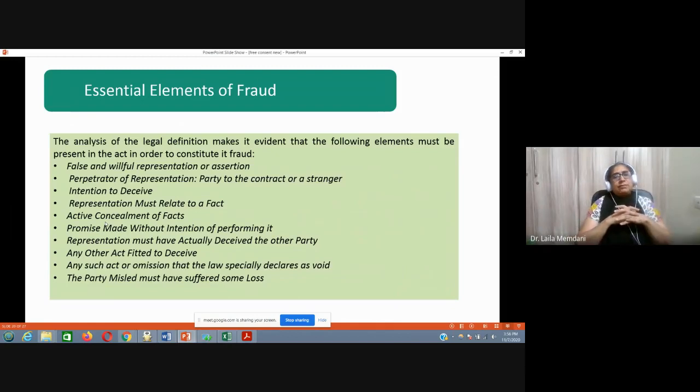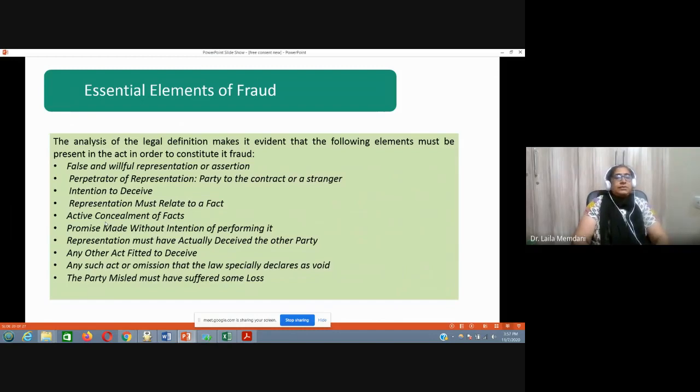So most of the time, builders say that the house which we are constructing will be like this, like that, and all. But when you get the house, you find that it was just a promise without any intention of performing it. Representation must have actually deceived the other party. One more example of promises made without any intention of performing them are the promises made by politicians.